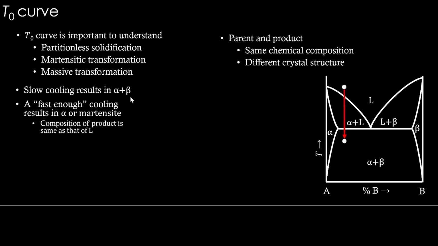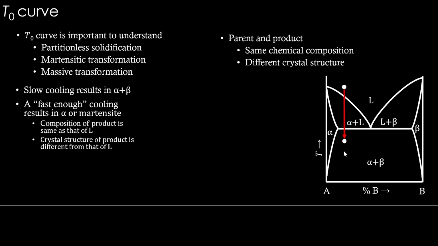The composition of the product is the same as that of the liquid, and the crystal structure of the product is different from that of the liquid. So we are saying this liquid can become only alpha. Alpha is a solid, obviously it is going to have a crystal structure which is different from the liquid, but the chemical composition is on this line, so it is not changing. This kind of transformation can happen if the cooling rate is beyond a certain level.